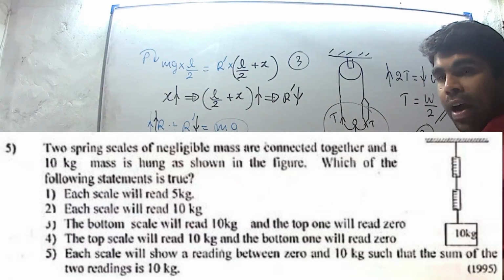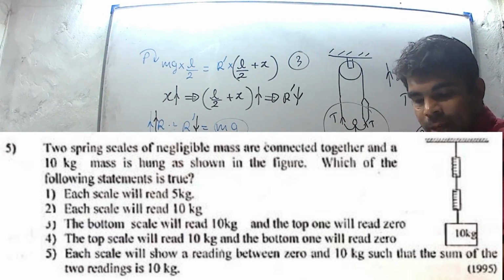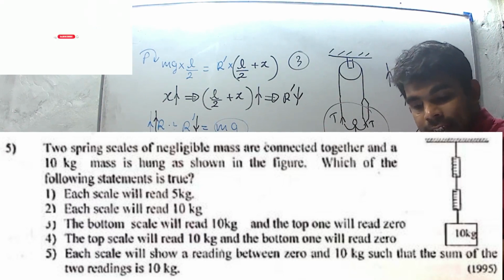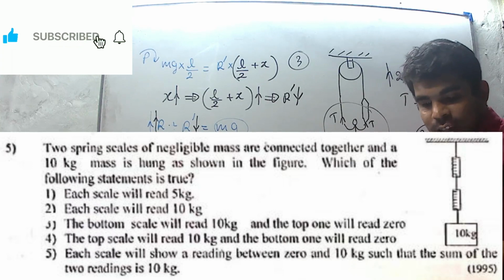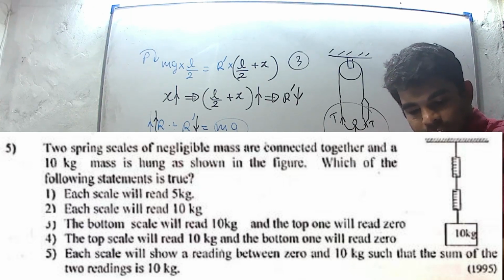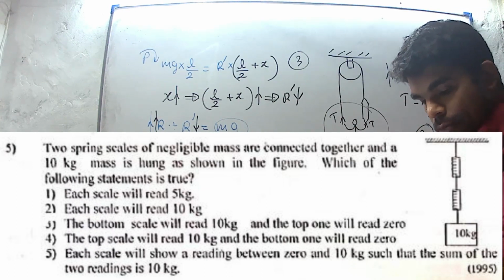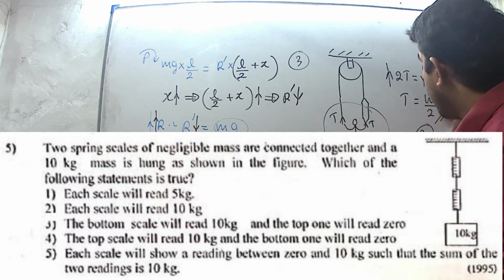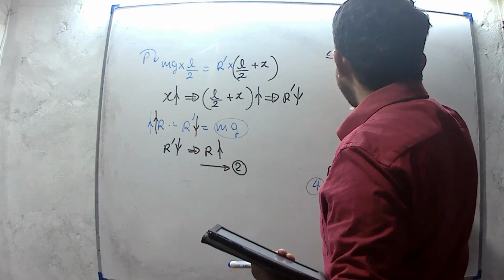Then question number 5. Two spring scales of negligible mass are connected together and a 10 kg mass is hung as shown in the figure. Which of the following statements is true? We have to consider the reading of the given two scales. I will consider the system.